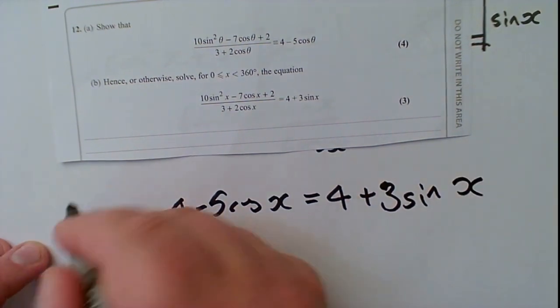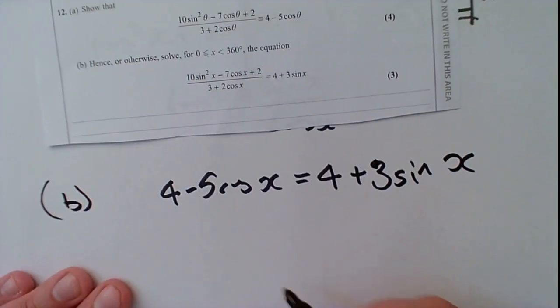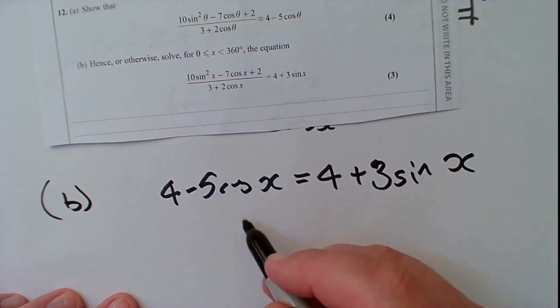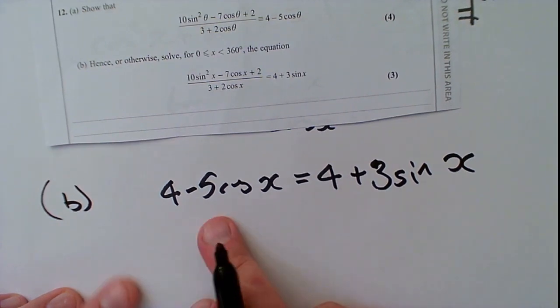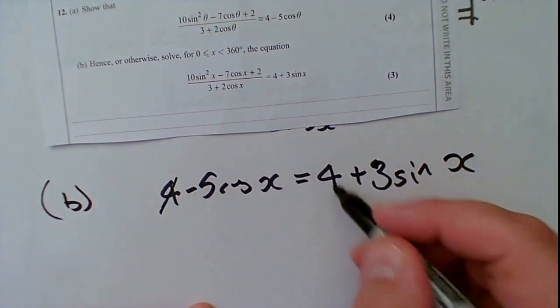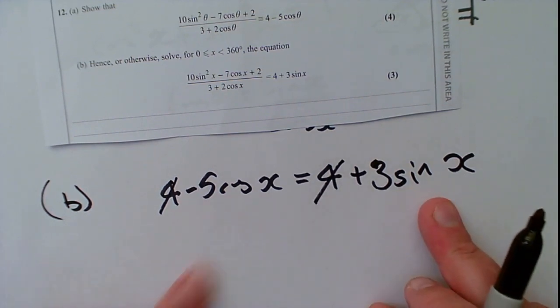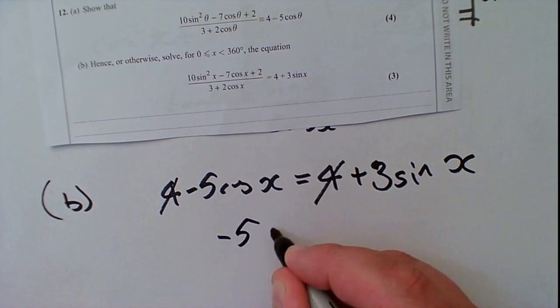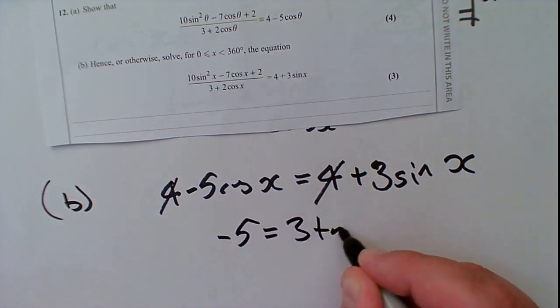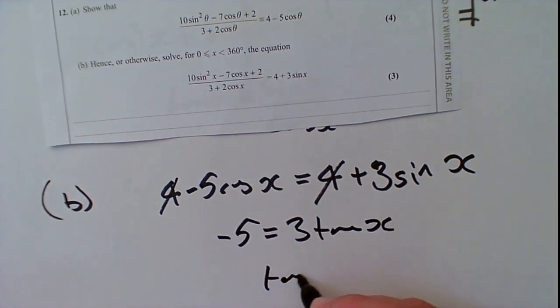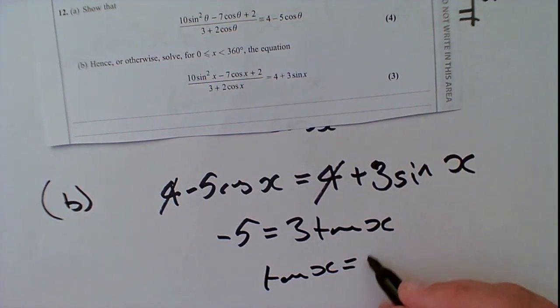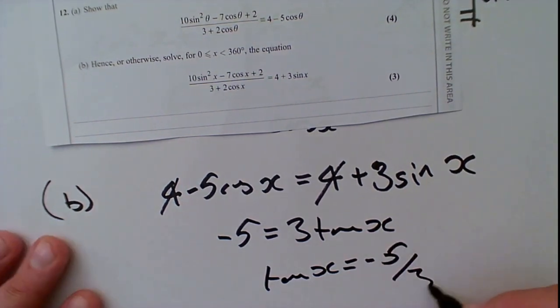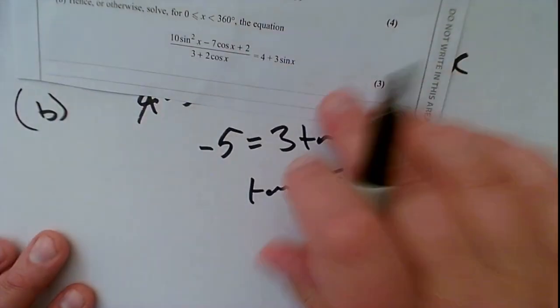That is what you've got for part B. I'm not going to do loads of work on this. You get rid of the 4's, and we divide both sides, of course, by cos x. That gives you minus 5 equals 3 tan x, and it gives you, of course, that tan x is equal to minus 5 over 3. Gosh, I'm being a bit tedious, sorry.